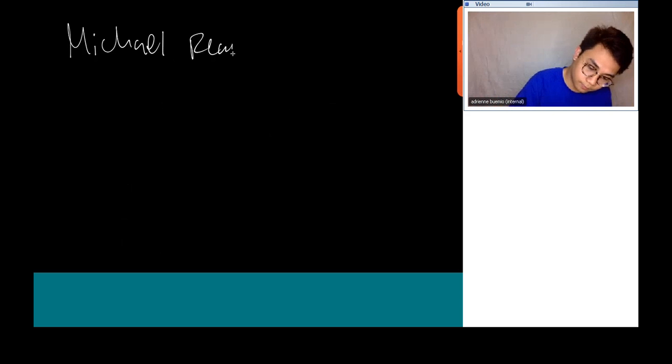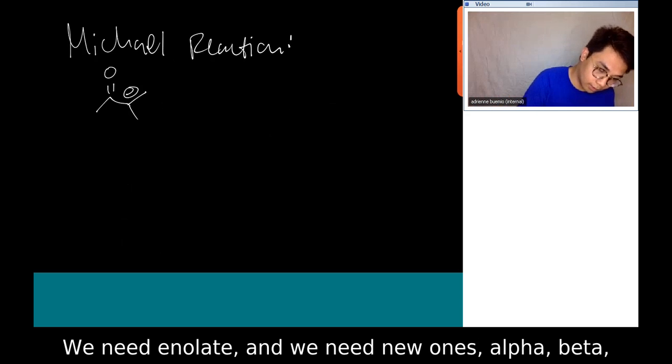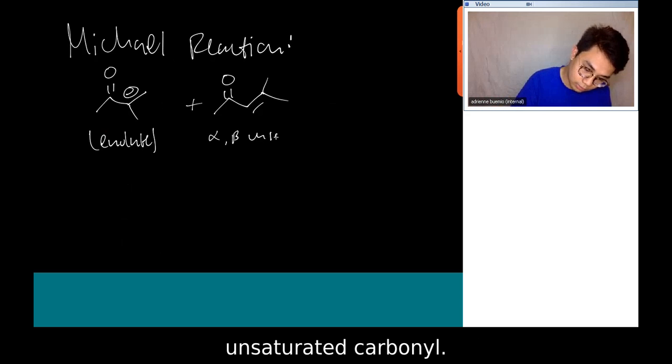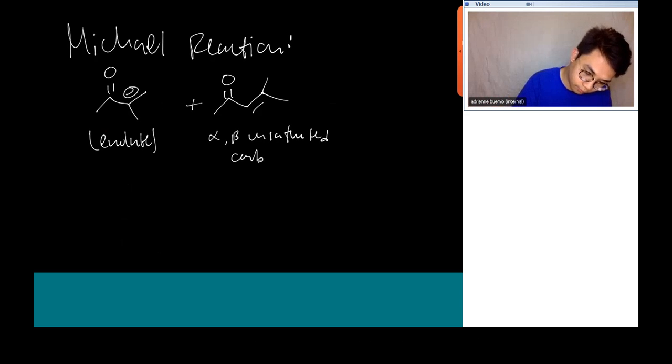Now let's go to Michael. Michael reaction. Two components are needed, right? We need the enolate and we need the what? Alpha beta unsaturated carbonyl, right?